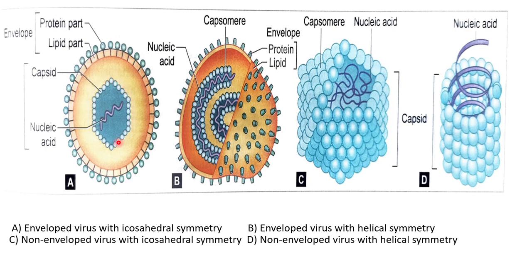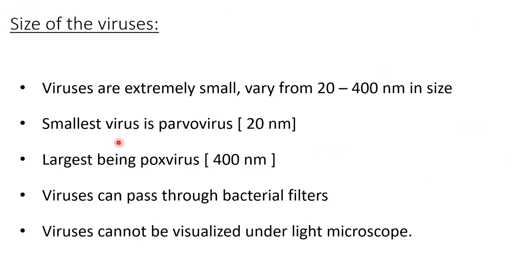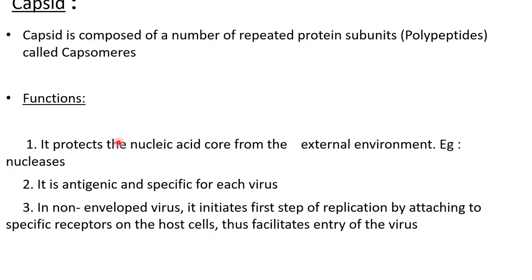And what are the functions of the capsid? Mainly it protects the nucleic acid from the external environment. It plays an important role in protection of the nucleic acid, and it is antigenic and it is specific for each virus. Different viruses contain different types of capsid.